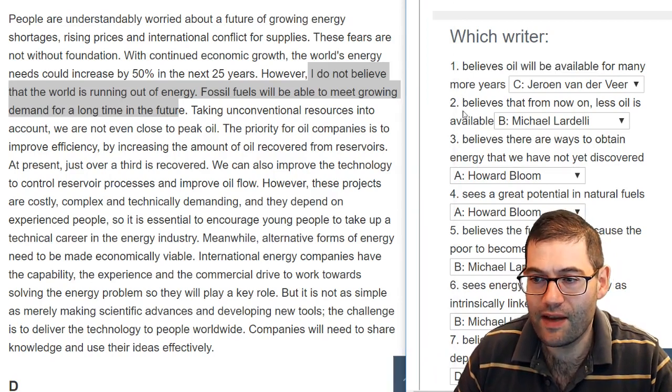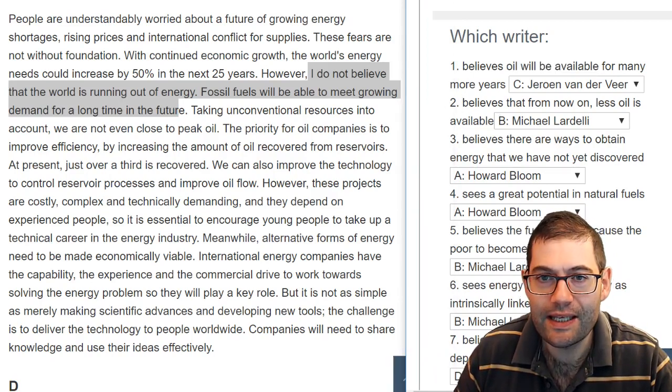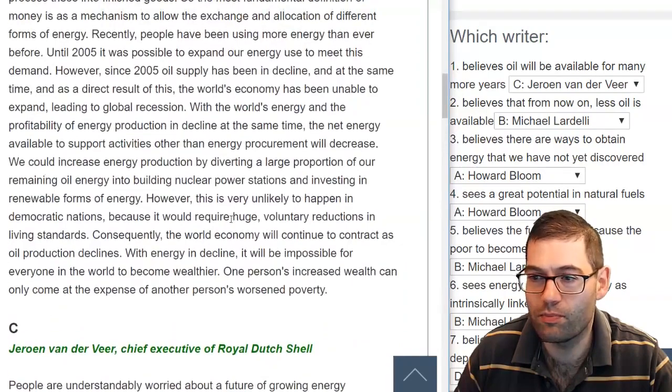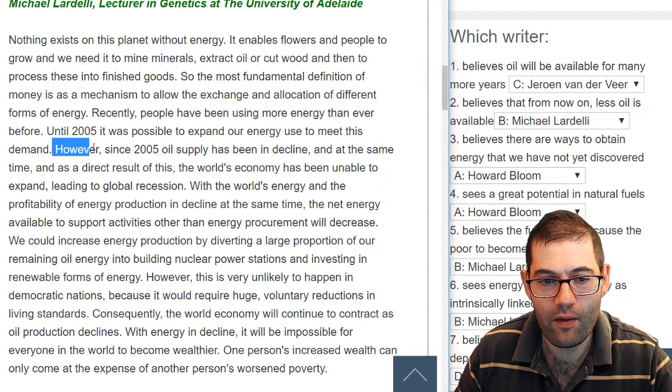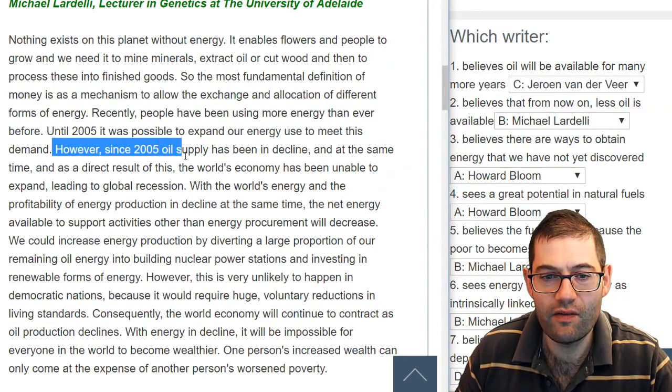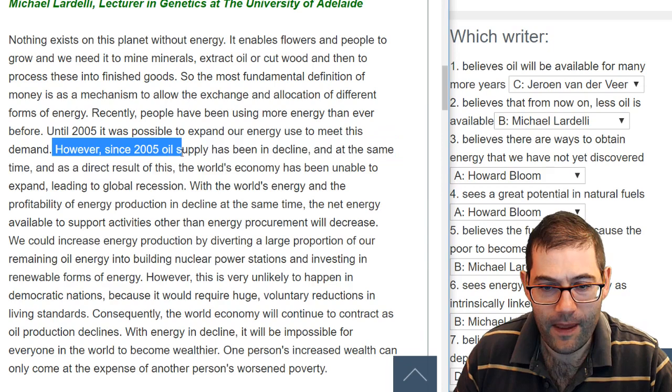Number 2, believes that from now on less oil is available. So let's go to B and find that vocabulary here. "However, since 2005, oil supply has been in decline."